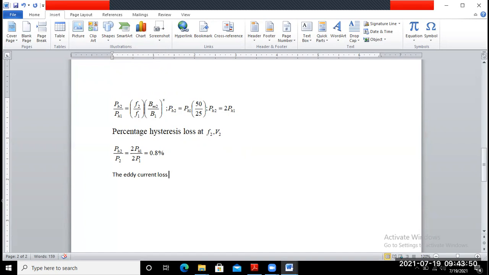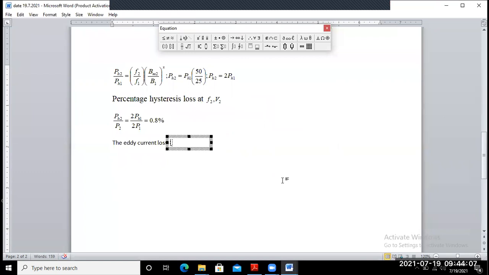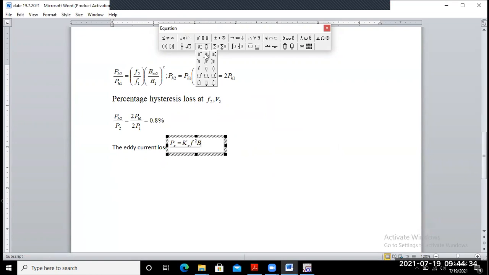That means eddy current loss Pe is equal to K into frequency square into maximum flux density square.